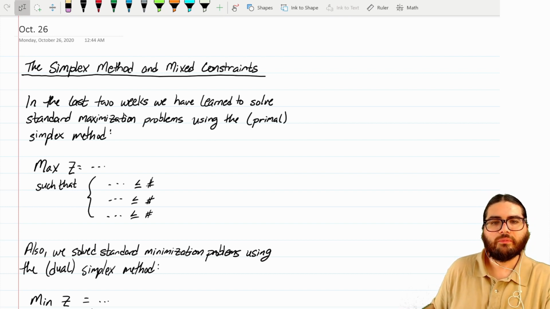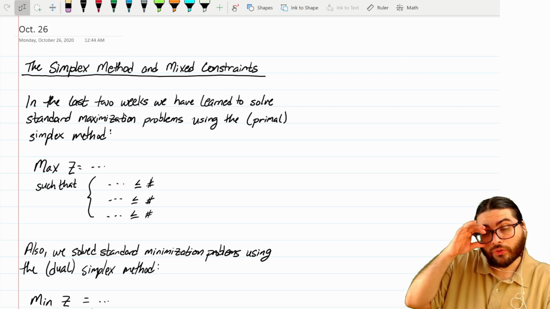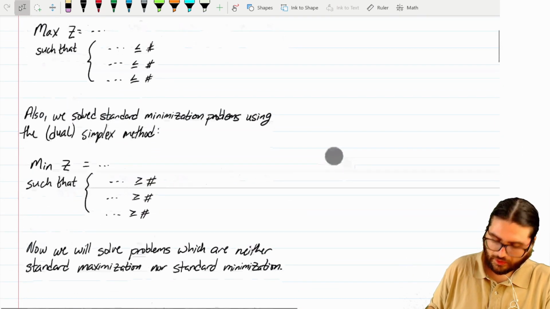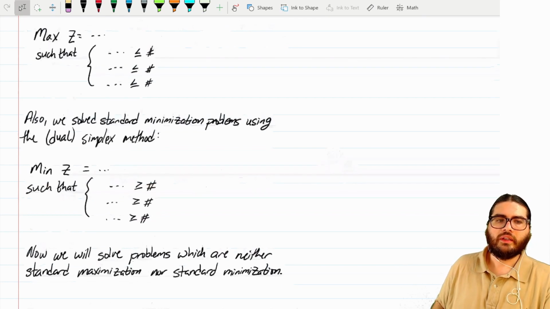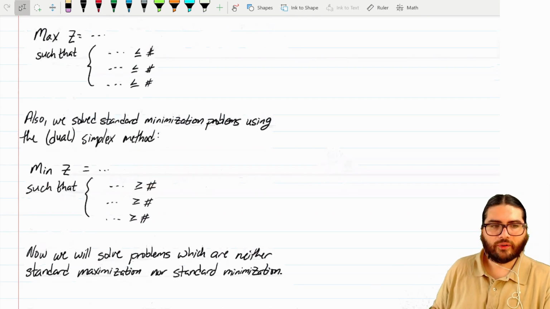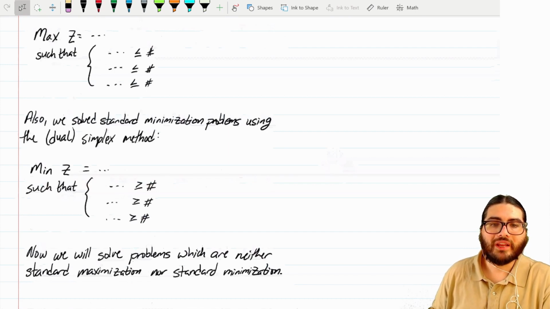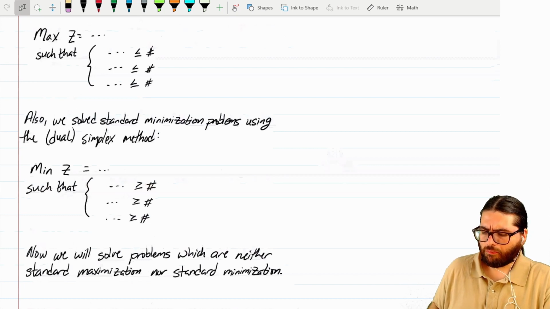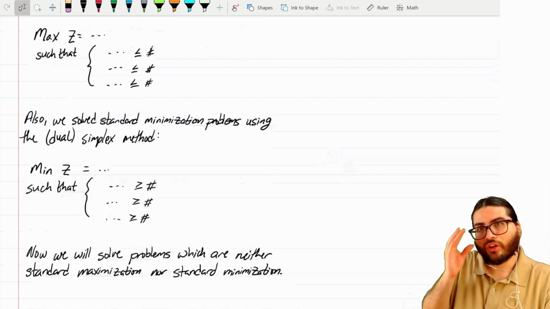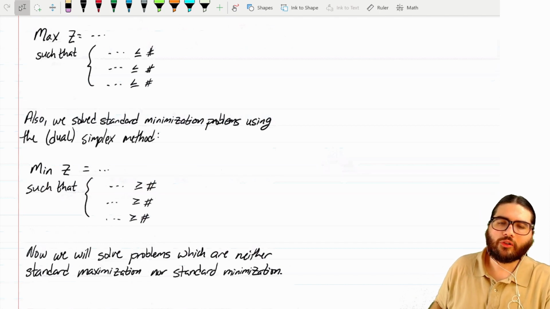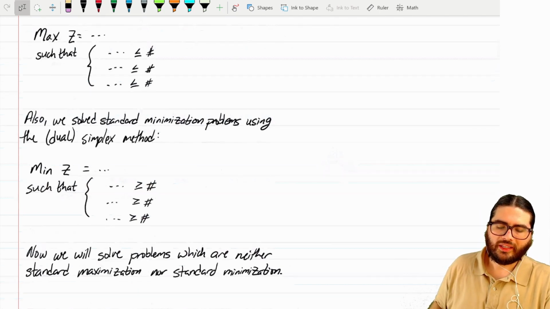So we have the basic simplex method, or the primal simplex method. We then went on to find the dual simplex method. And the dual simplex method allowed us to minimize objective functions. So now instead of maximizing z, we were allowed to minimize z. But in the standard, most common scenario, the dual method only allowed greater than or equal to inequalities.